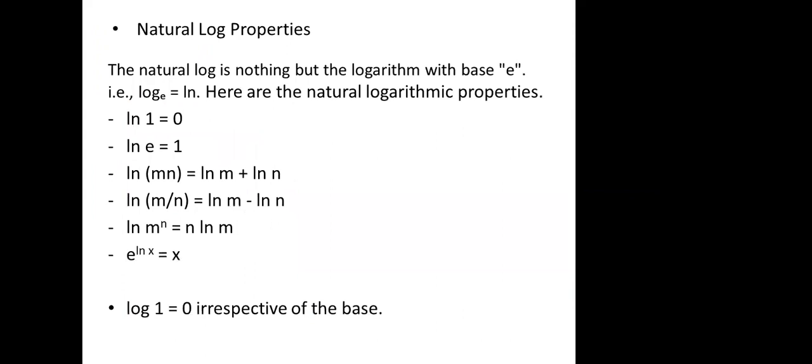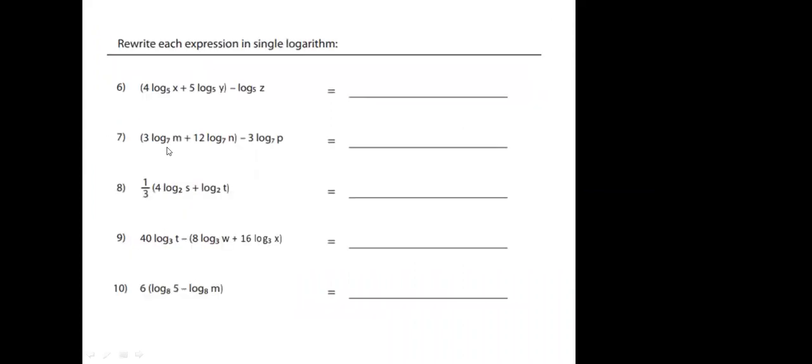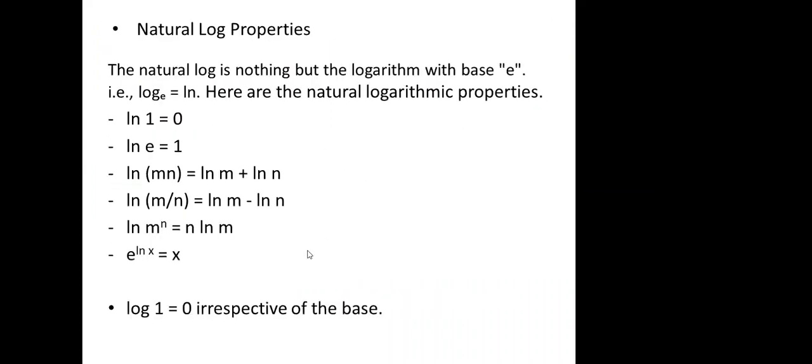I'll just explain this one more for natural logarithms, and then we have 2 pages of exercises, so we can practice these logarithms. So when we have natural logarithm properties, this is ln. The same rules apply for these two.